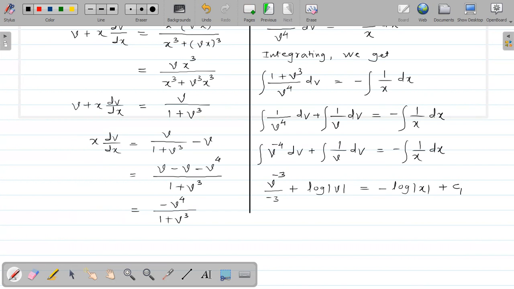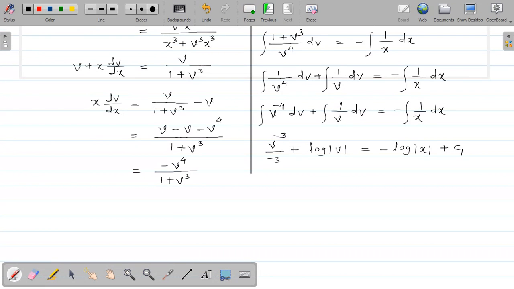Okay, then we will arrange that constant, but before that you have to write it as c1. Now to the next step I will adjust the terms like this. So minus 1 upon 3 into 1 upon v cube plus log of modulus of v is equal to minus log of modulus of x plus constant c1.